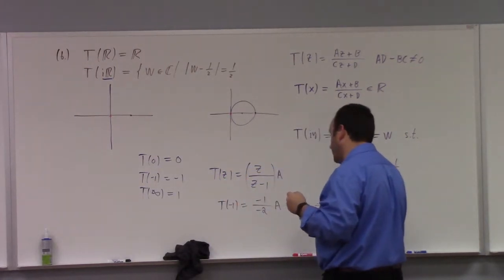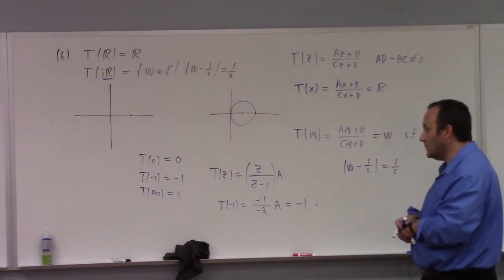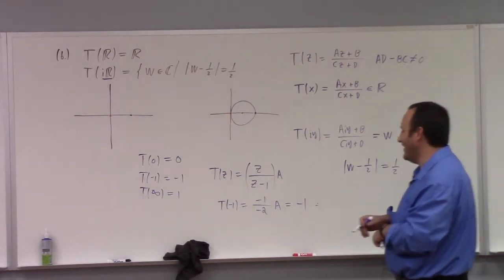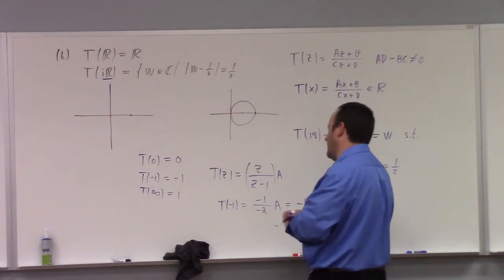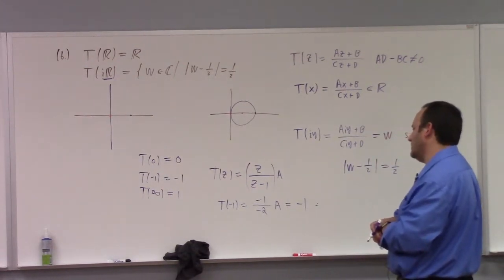Therefore... How did you get that minus 1 on the bottom? Oh, hey, wait a minute. T of infinity is 1. Curses. T of infinity is 1.